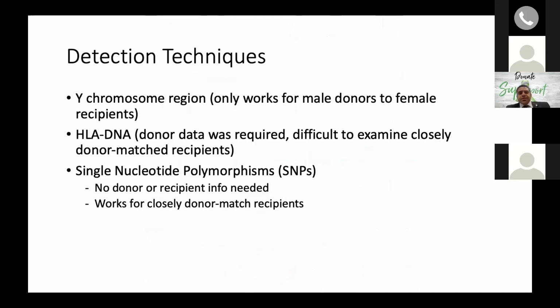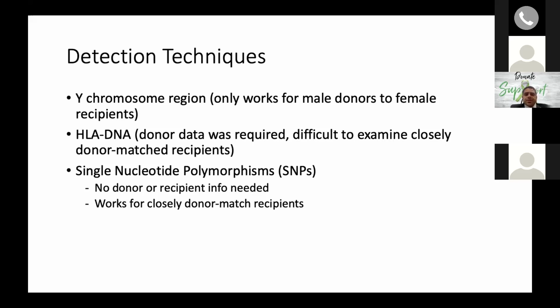So the detection technique. Early on, when we were trying to decipher where the DNA is coming from, is it coming from the donor? Is it coming from the recipient? One technique was based on the Y chromosome, and this technique would eliminate many donors.